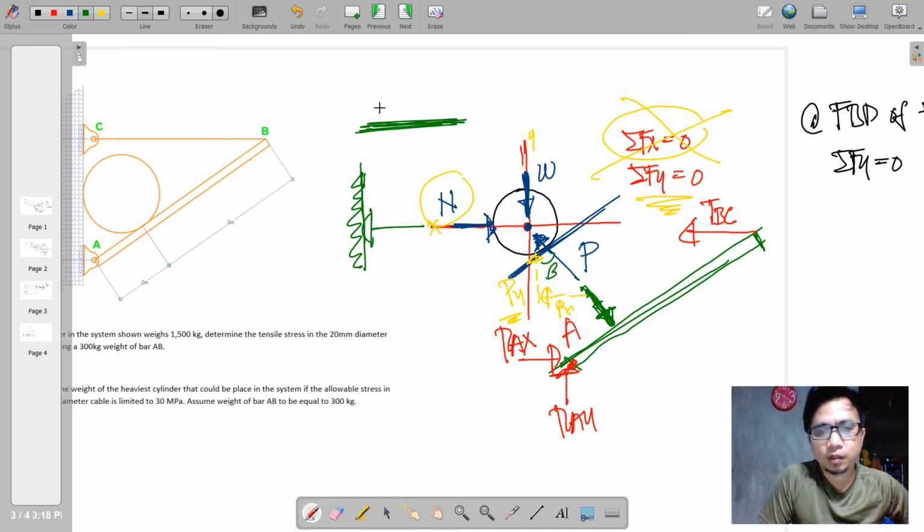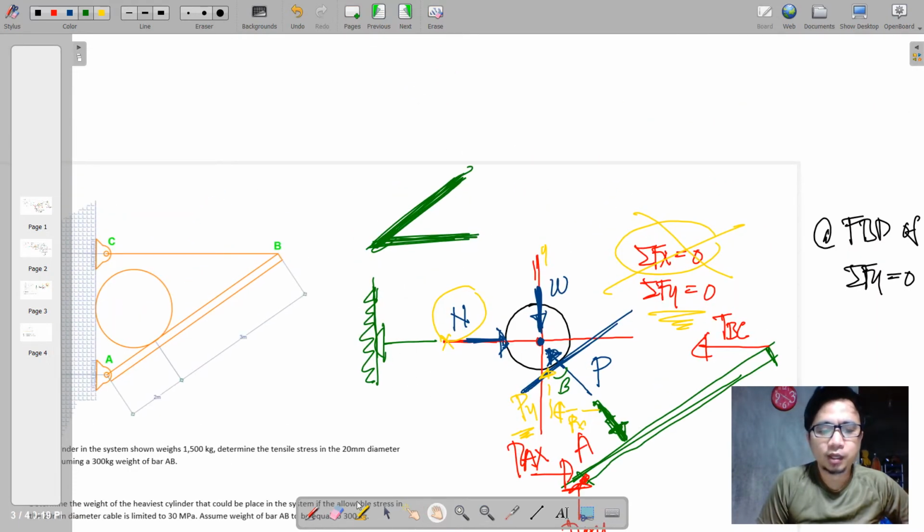I frequently introduce this principle: a simple principle wherein we have an inclined member or surface at an angle referred to the horizontal, or the x-axis.